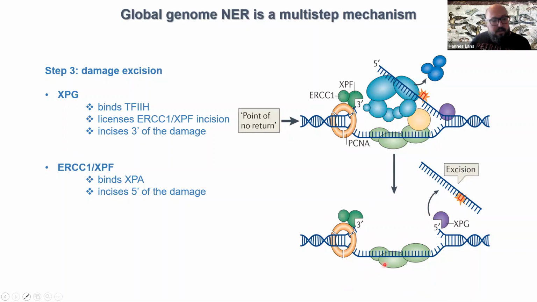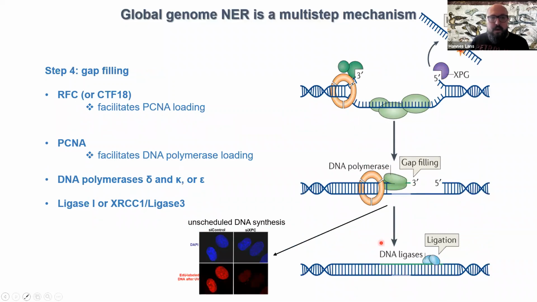So we get this single-strand gap, and that then needs to be filled up. So that's the final step of nucleotide excision repair, the gap filling step, which is executed by proteins that are also involved in replication, like we already saw in the previous talk, like the RFC complex, PCNA trimeric complex, which is needed to load DNA polymerases, and in nucleotide excision repair, both DNA polymerases delta and kappa together, or DNA polymerase epsilon is implicated in filling this gap, and which is then finally ligated by either ligase 1 or ligase 3 complex, probably depending on the cell cycle in which this takes place.